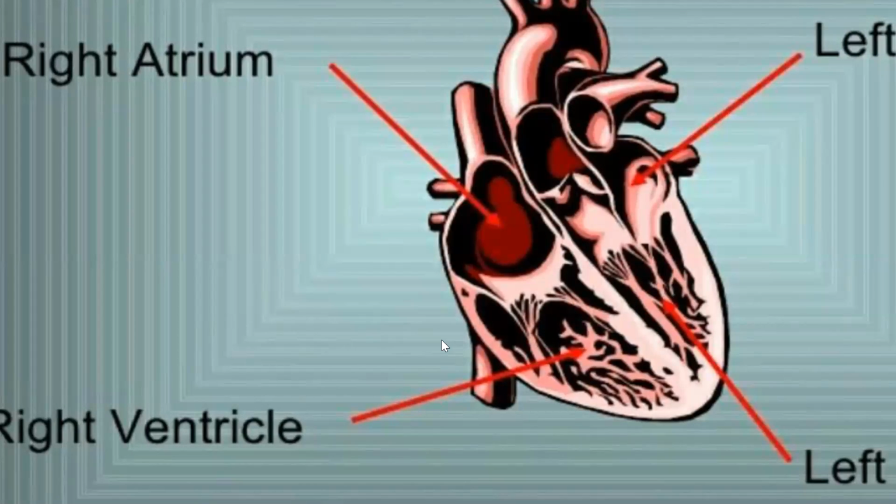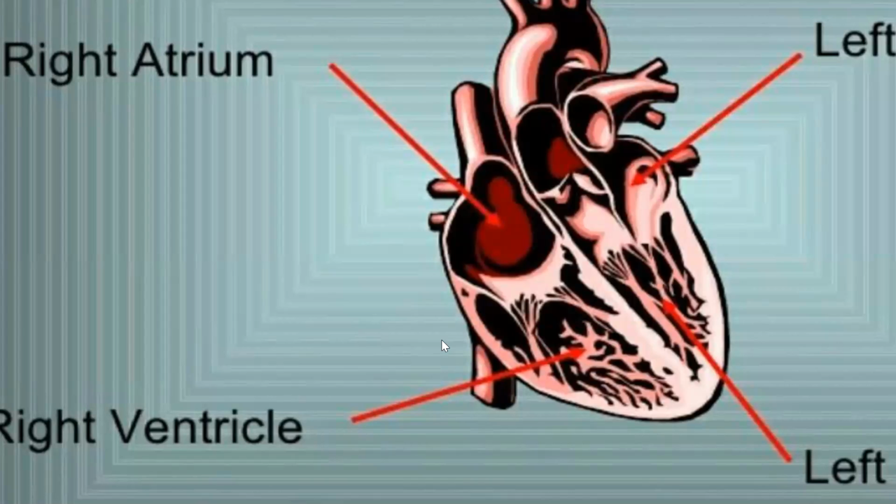The right atrium receives the deoxygenated blood from all the parts of the body through two big veins, the superior vena cava and the inferior vena cava. These veins are collecting the blood from the upper and the lower part of the body. And now we have the right atrium, filled with deoxygenated blood. Now what happened?